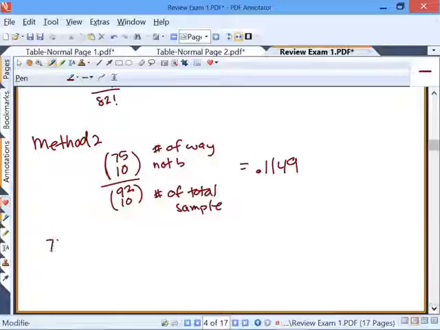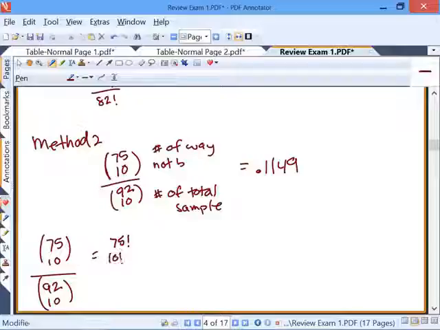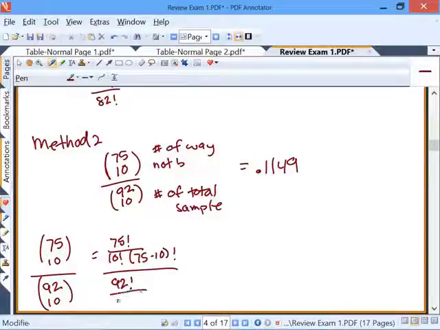Now, if you actually work this out and use the combination formula, this is 75 factorial over 10 factorial times 75 minus 10 factorial, over 92 factorial over 10 factorial times 92 minus 10 factorial. What are those 10 factorials going to do?